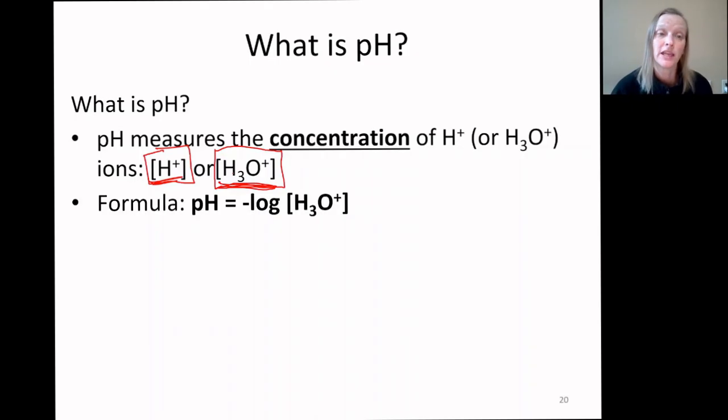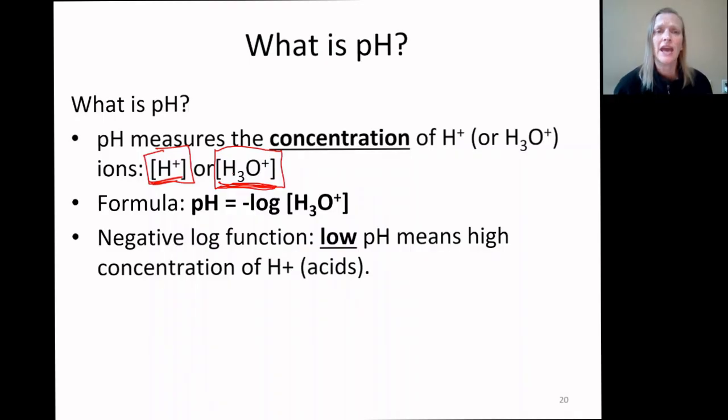The formula for calculating pH is pH equals the negative logarithm of the concentration of hydronium ions or hydrogen ions in the solution. And that negative log function is something that we'll practice on our calculators in class.